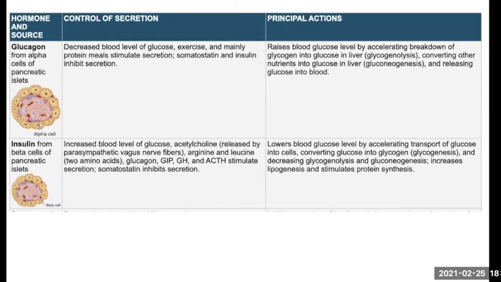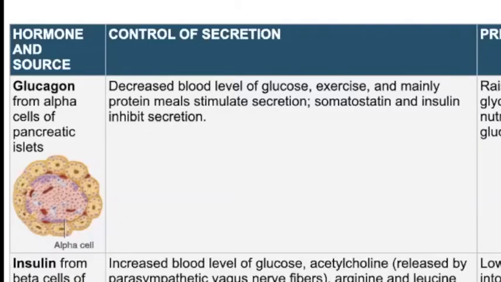Sometimes you have low blood sugar and you want to increase your glucose levels in your blood. In this case, you have another type of cell within the pancreas that secretes another hormone called glucagon.